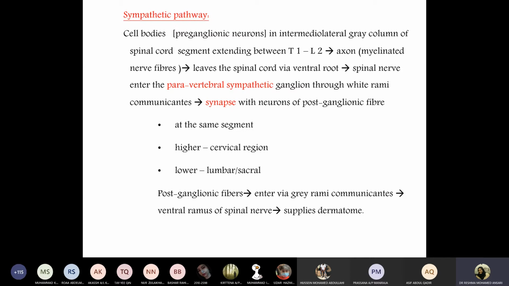So though the outflow is from my thoracolumbar region, the ganglia will help in transmitting information up or down. Am I clear? Yes. Okay, I have a video on this. After the explanation, I will show you the video.